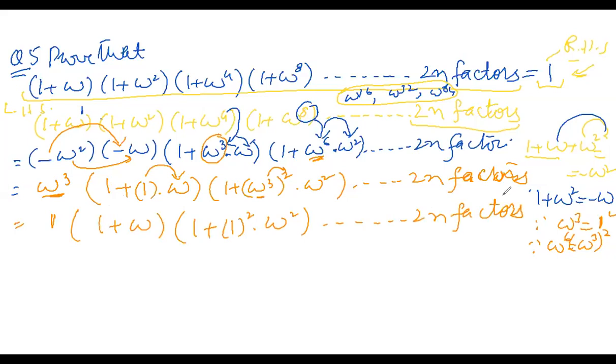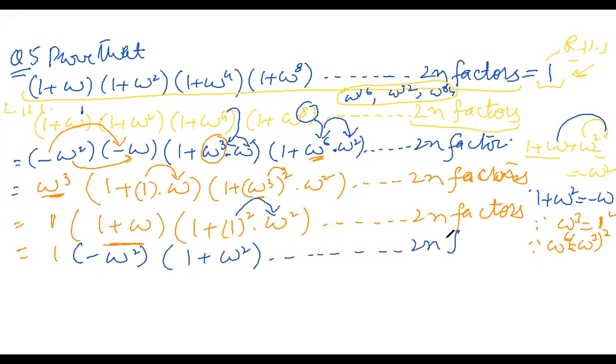Then my dear student, you are already familiar what to write here. 1 plus omega is equal to minus omega square, right. And similarly 1 plus square of this one you will get 1, and after multiplying will get omega square into 2n factors. We are doing this way.